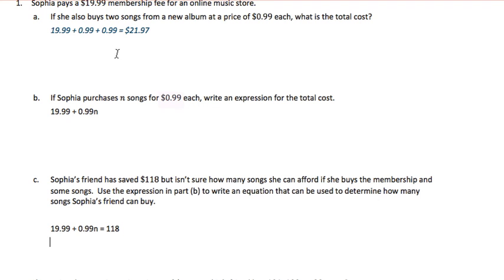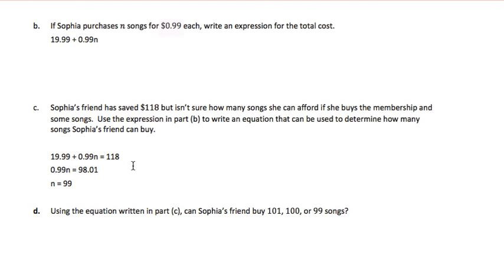Following the same way that we've solved in the past, we're going to take 118 and subtract $19.99 from it. And that will be our first step. And then after subtracting, we can divide $98.01 by 99 cents, and we'll find that Sophia's friend could buy 99 songs.